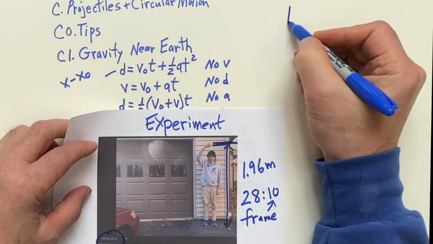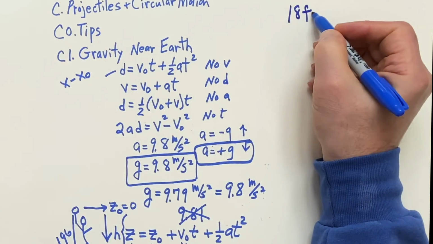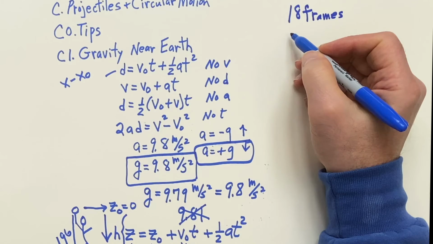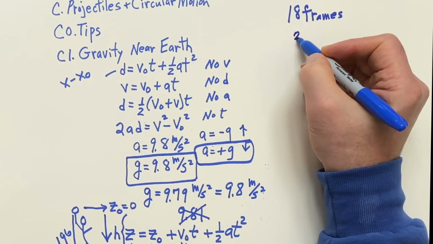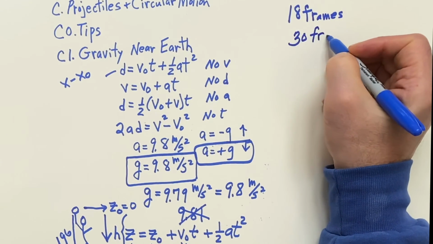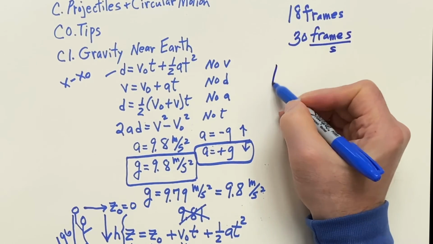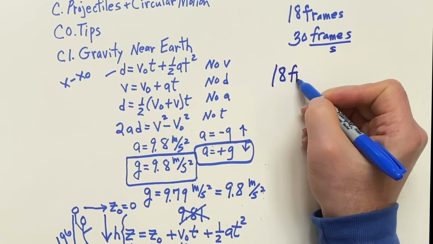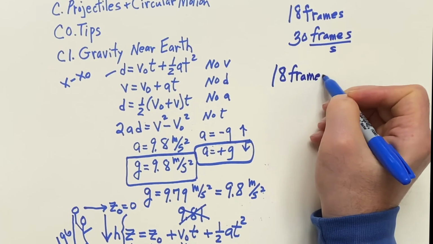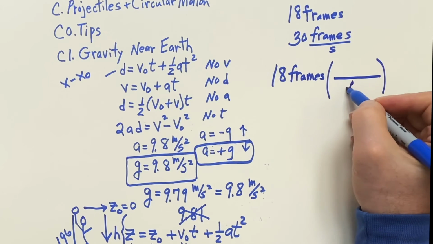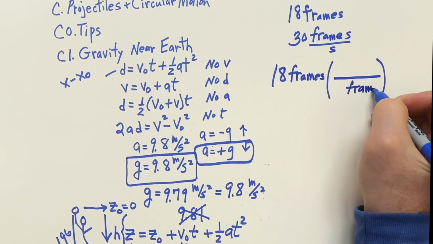All right, now if you have 18 frames, we're shooting that video at 30 frames per second. So if I want to convert 18 frames to seconds, I use my conversion tricks where I want frames down here.